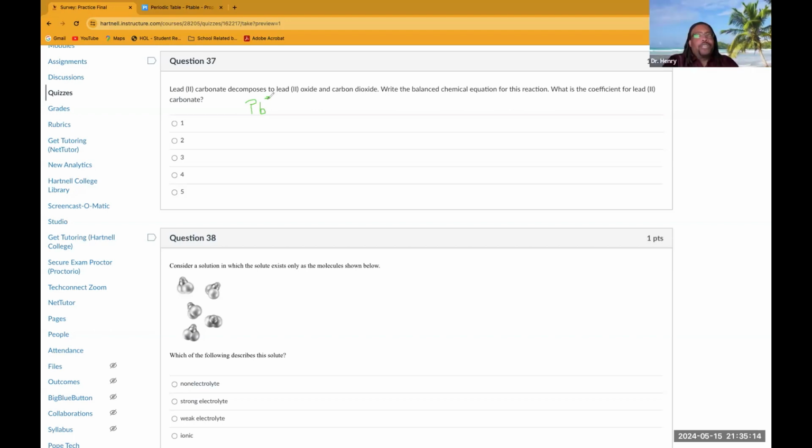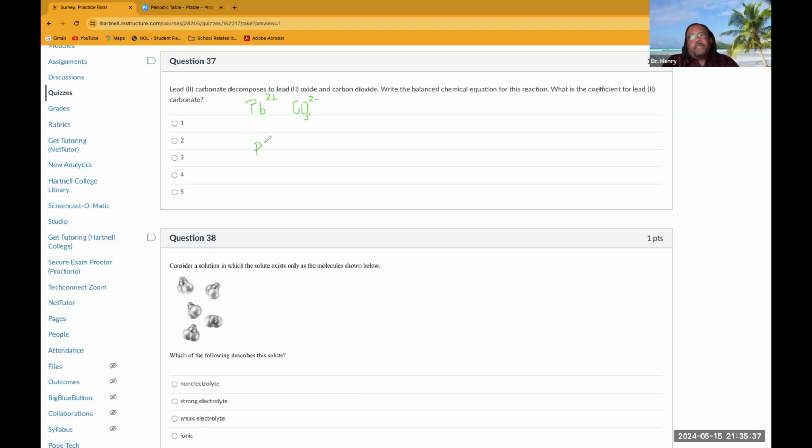And then carbonate has what charge associated with it? CO3, 2 minus. So then they balance each other out perfectly. So we can just put them together.